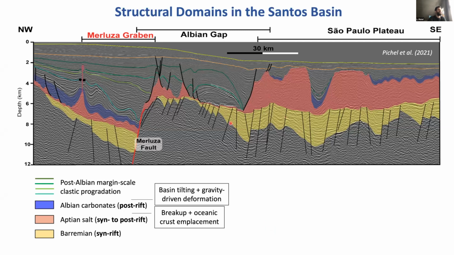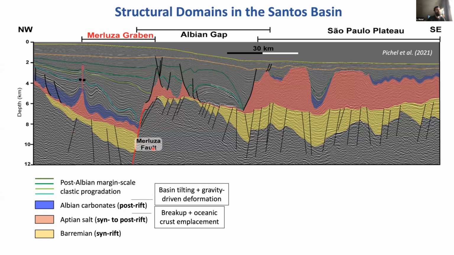This is just a seismic example of what I just showed. And one thing that people haven't really looked at in the context of the Albian Gap and the São Paulo Plateau is this very impressive fault or graben, the Merluza Fault and the Merluza Graben.